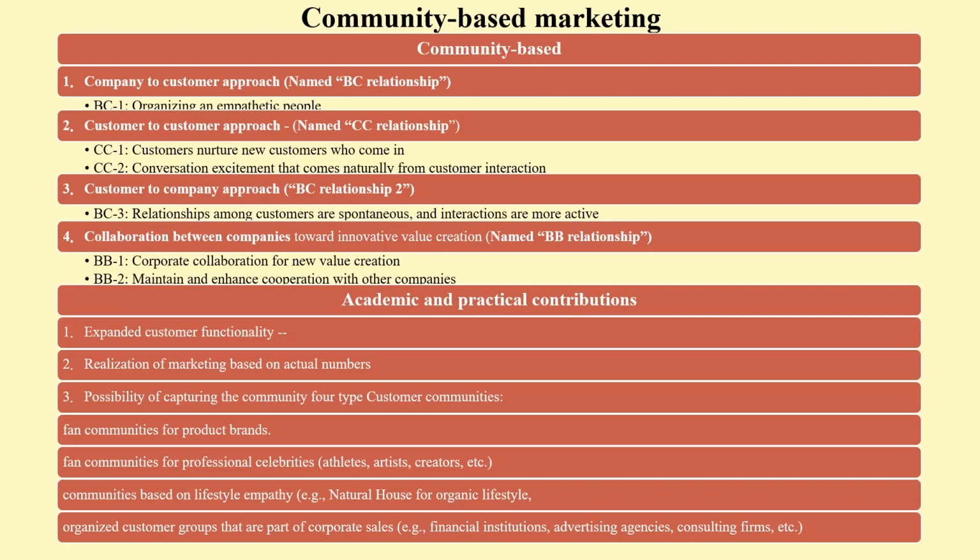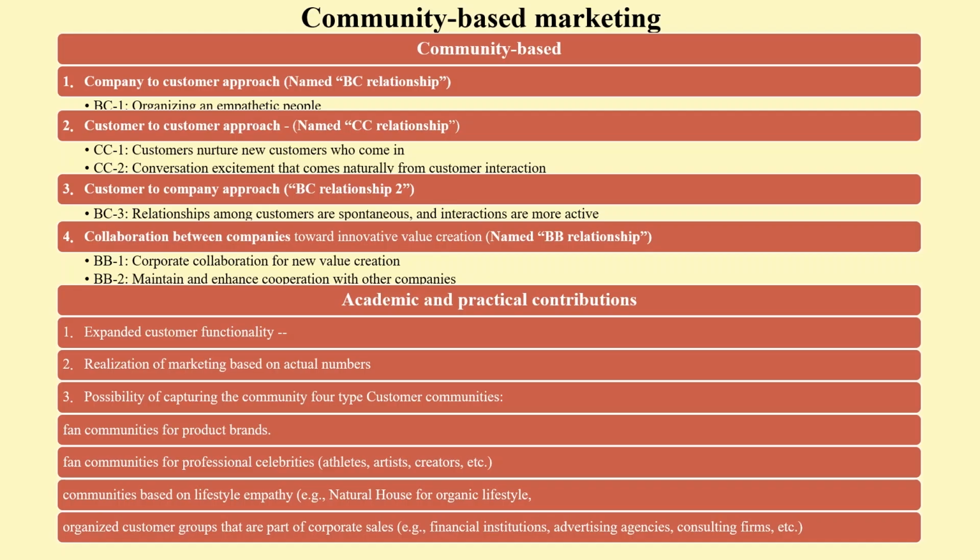Customer-to-customer approach: customer interaction relationship within the community, named the CC relationship. CC1: customer nurture, new customers who come in. CC2: conversation, existing excitement that comes naturally from the services. Then the customer-to-company approach, BC relationship 2.